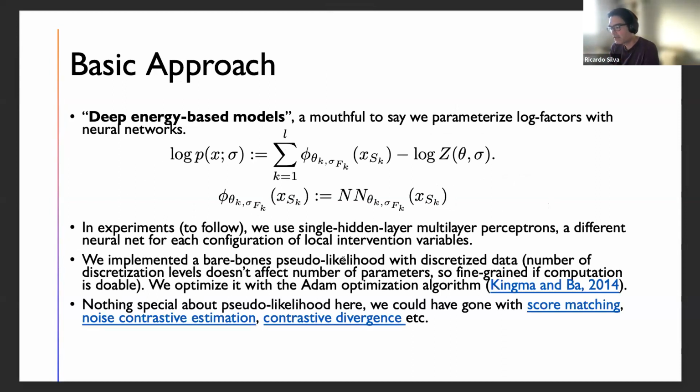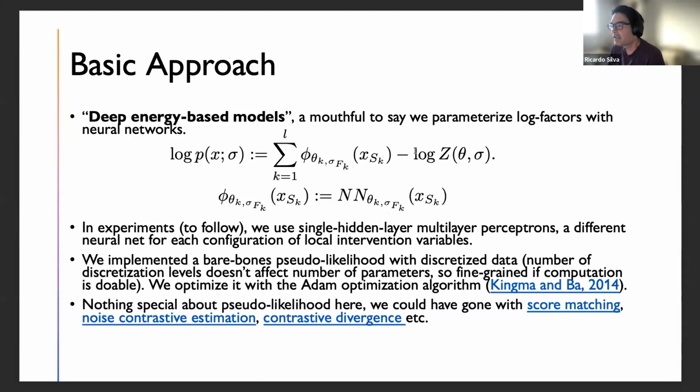And here, everything can be done very black boxy. You could think of the log factors in your energy function as being parameterized by a black box like a neural network. We had to take some care to avoid infinite normalizing constants, of course. In practice, I find that actually discretizing the data is not a bad idea. The number of parameters wouldn't change with the level of discretization because we just treat the variables as real valued anyway. So this would guarantee a finite normalizing constant.